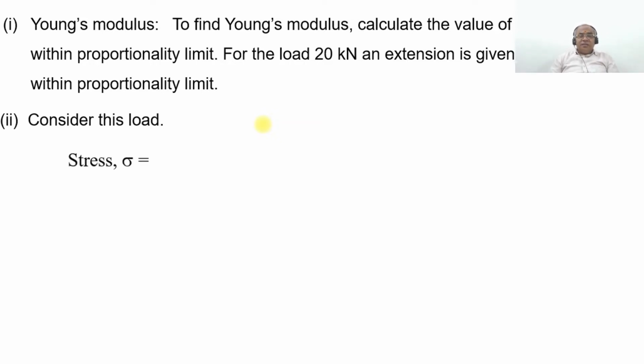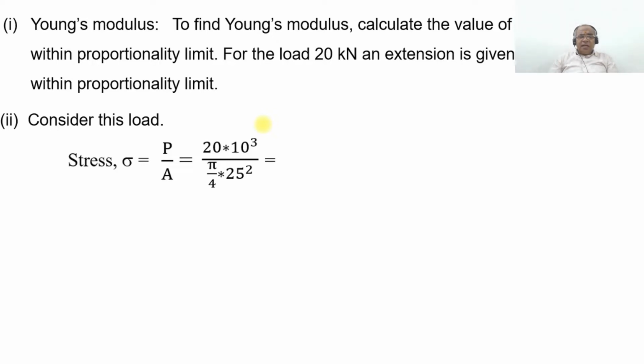What is stress? Stress is load by area of cross section, which is P by A. For the load of 20 kN, because that is the one which is in the proportionality limit, it is 20 into 10 to the power of 3 divided by the area of cross section.